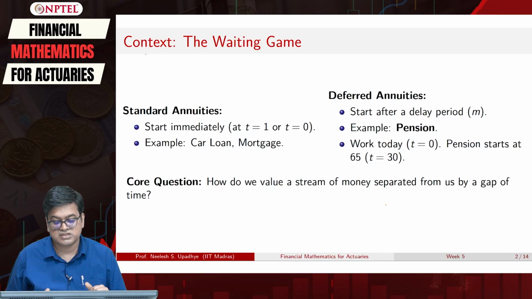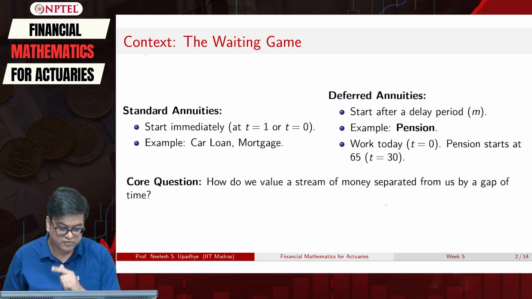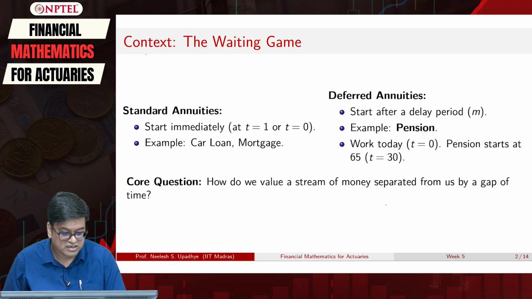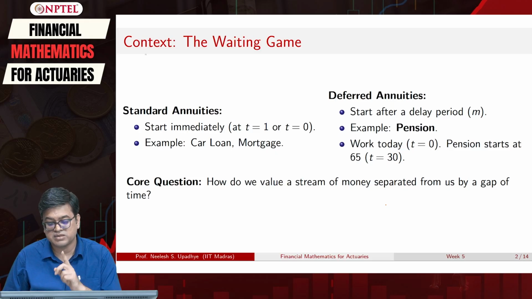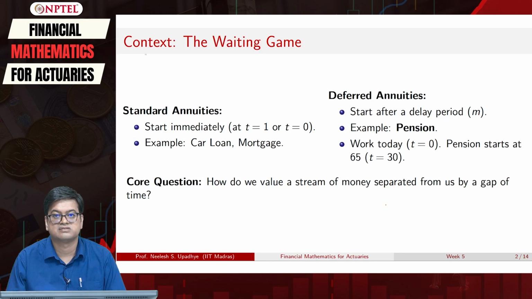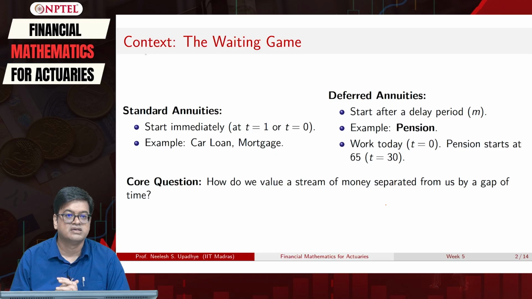So, the core question here is, if my pension starts at t equal to 30, how do we value the stream of money that is separated from us by a gap of those 30 years? That is the question that we are going to handle.